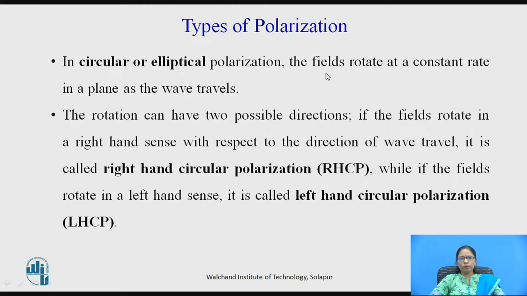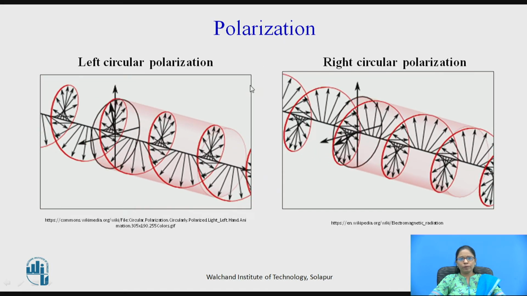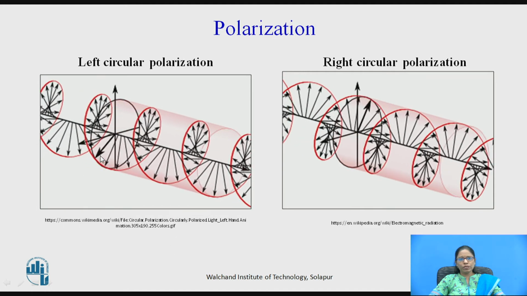In circular and elliptical polarization, the fields rotate at a constant rate in a plane as the wave travels. In circular polarization, there can be right-handed and left-handed circular polarization, LHCP and RHCP. So this is a left circular polarization, where you can see the circle.